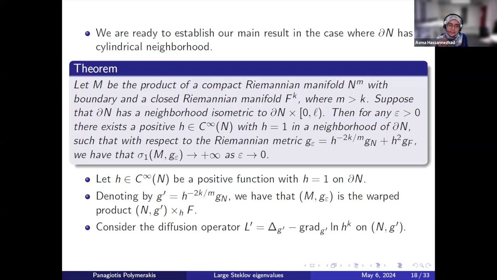May I ask a question before? Yes, sure. So here, this condition that on a neighborhood of the boundary, it should be isometric to the product. Earlier you mentioned that if two metrics are close to each other, then you can compare the Steklov eigenvalues. So almost product is also fine, right?